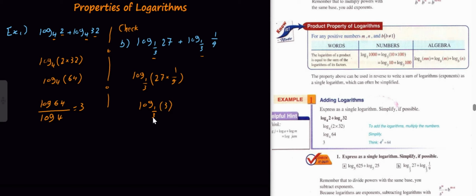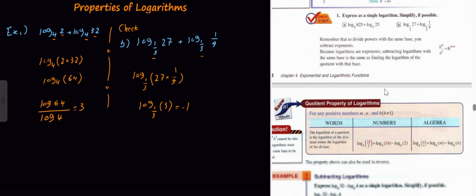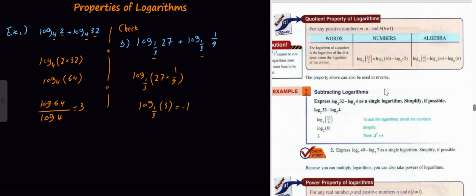Here we have a note: if you have a number here and its reciprocal here, it immediately equals -1.